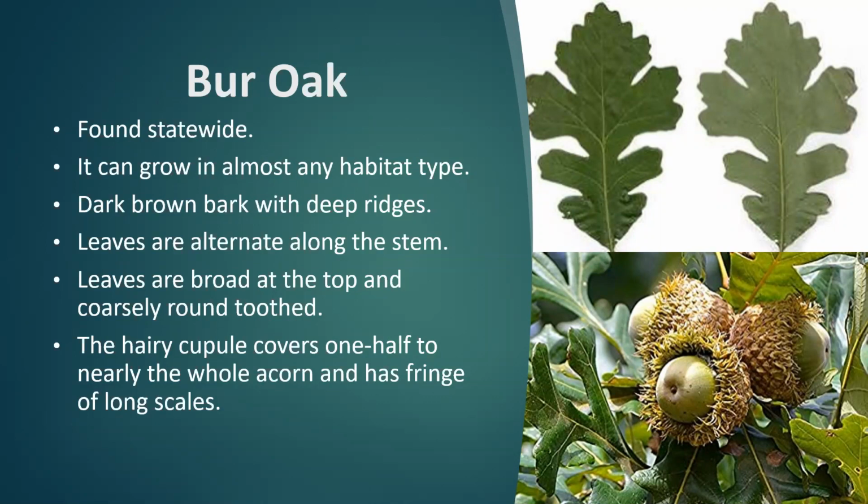But one really important identifying characteristic on the Bur Oak is going to be the acorns. If you look at the acorns for a second and see what stands out, the biggest thing is the big acorn cap.